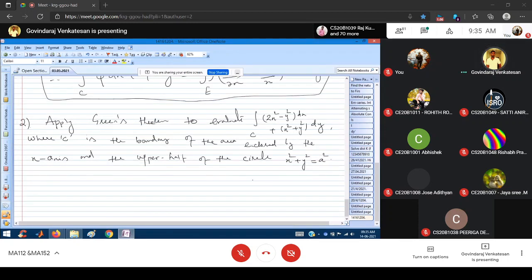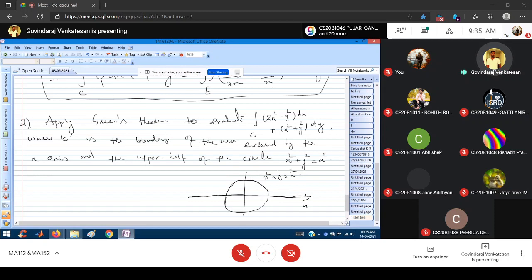Already you know the equation for the circle, x square plus y square equal to a square, right? Let me assume this is a circle, and this is your x-axis. So our region is this.